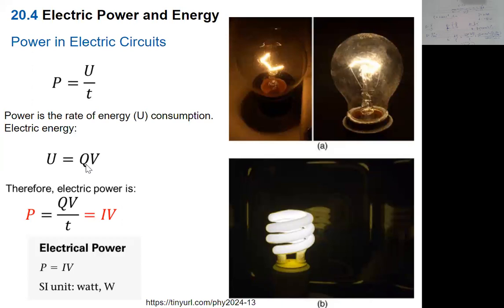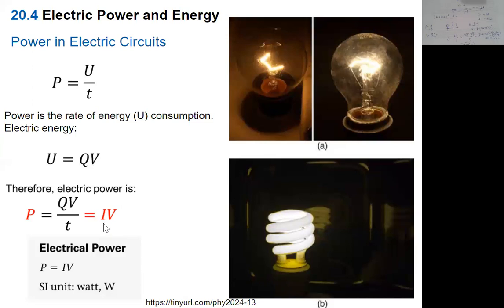in electricity here, the charge times the voltage, the potential. That's what we learned in the previous chapter. So U equals that. Then power can be rewritten as Q times V divided by T. Now, we just learned that Q, the charge over time T, gives you the current. So power is equal to the current times the voltage, I times V. That gives you electrical power.